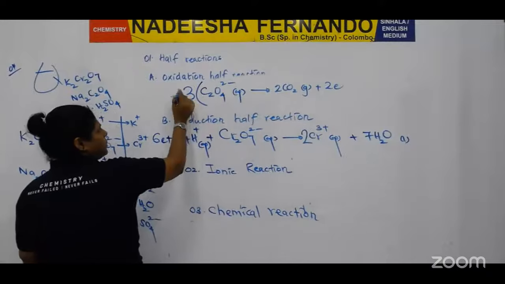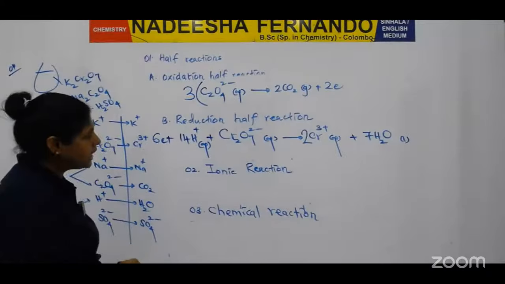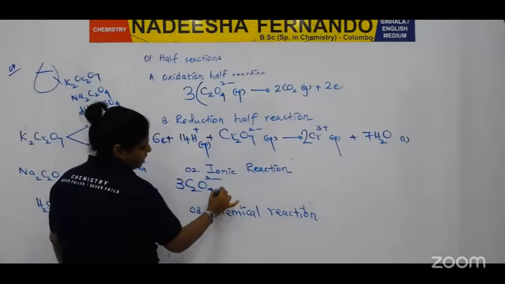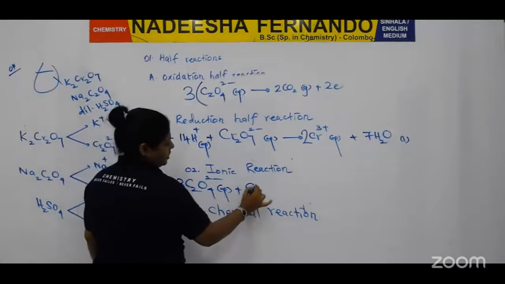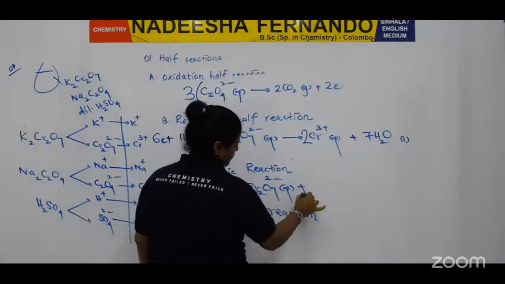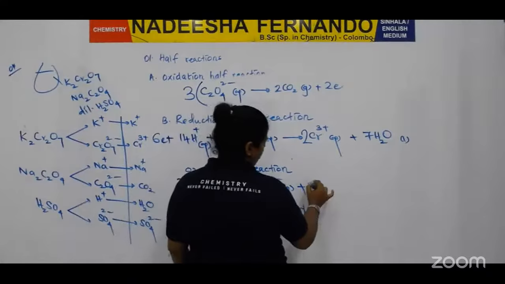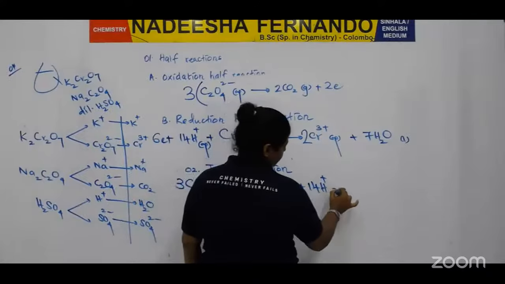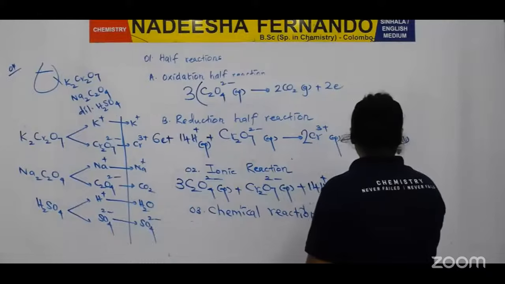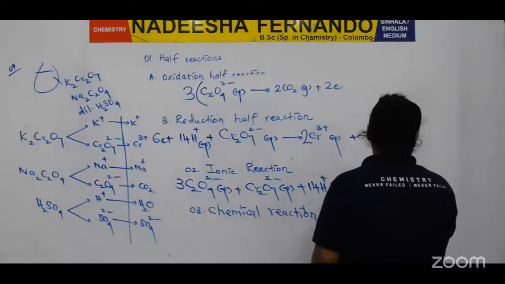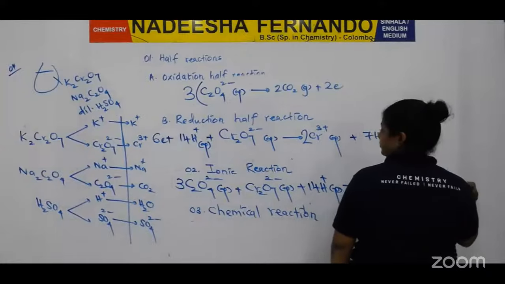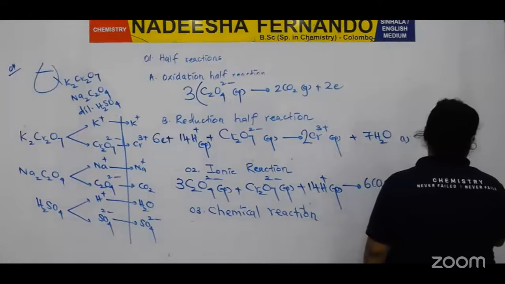Therefore, just multiply first by 3. 3C2O4 2 minus plus Cr2O7 2 minus plus 14H plus equals 6CO2 gas plus 2 Cr3 plus plus 7 H2O.